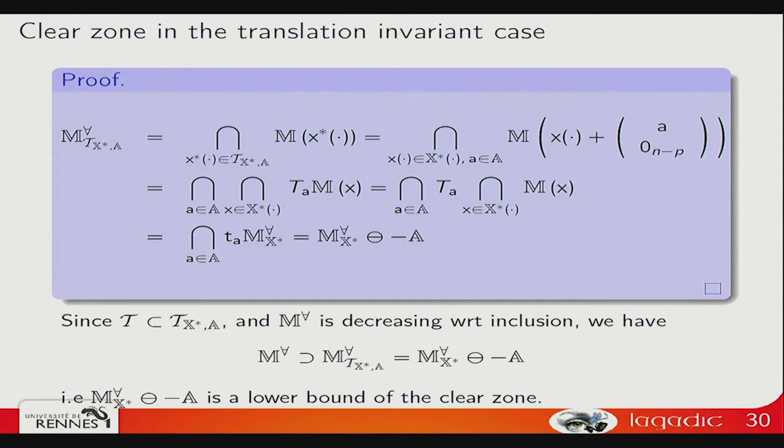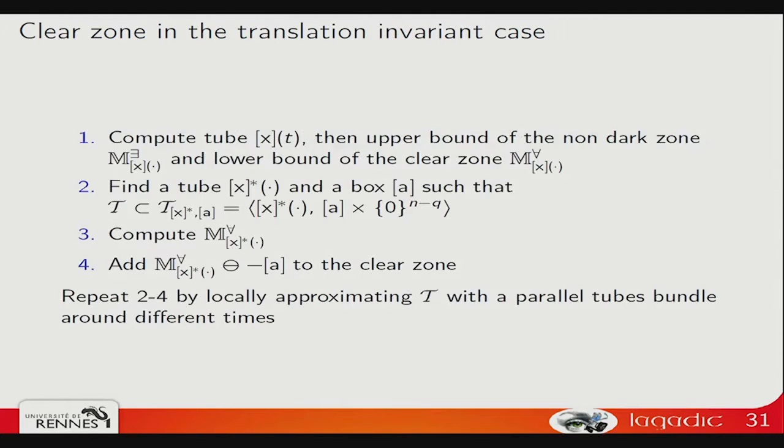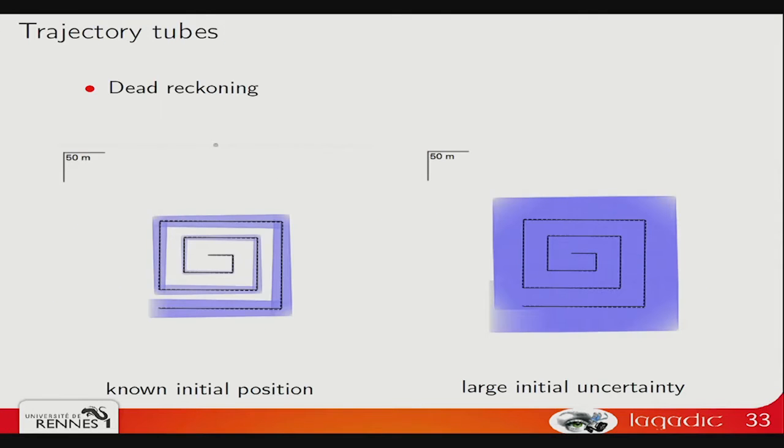So the proof is simple, and basically this can give a lower bound of the cleared zone. So what we do is compute tubes like before, and we do this approximation locally at different times to improve the result.